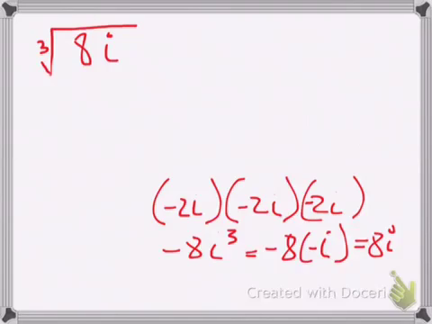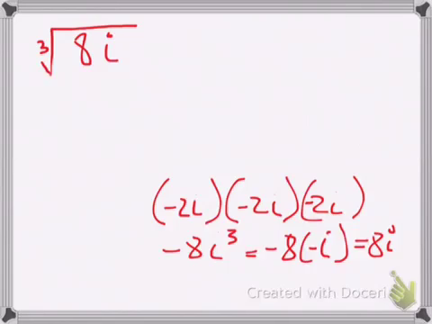Now here's the tricky part of this. In complex analysis, there are 3 cube roots of every imaginary number. So when we apply De Moivre's theorem, what we're going to get is one of those cube roots, the principal cube root.